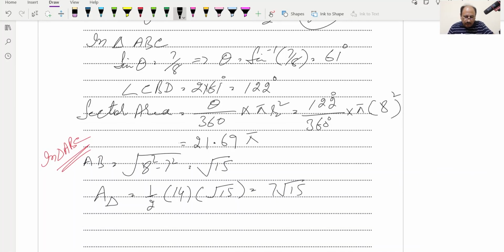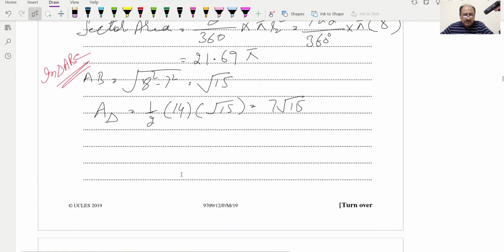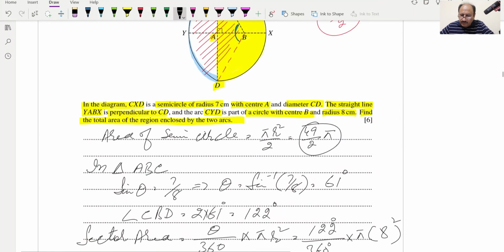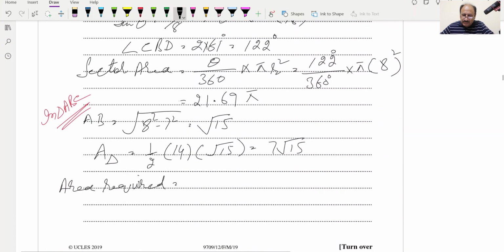Now we can subtract. The required area is equal to one area, 49 by 2 pi, which is the semicircle area, and the second area is the sector area. We add these two and subtract the triangle area, which is 7 root 15.